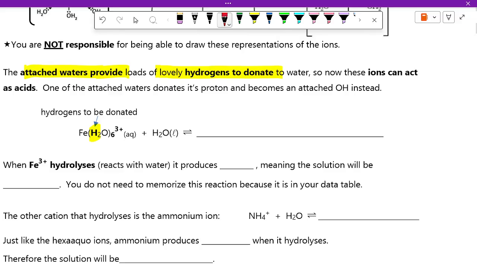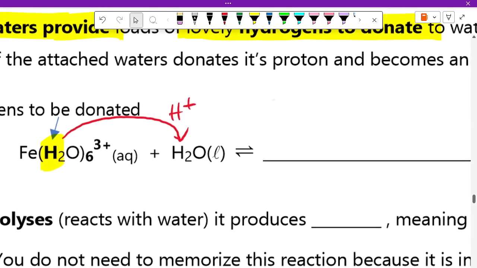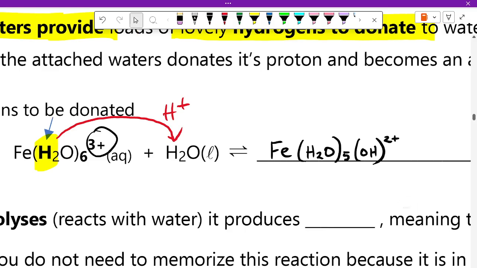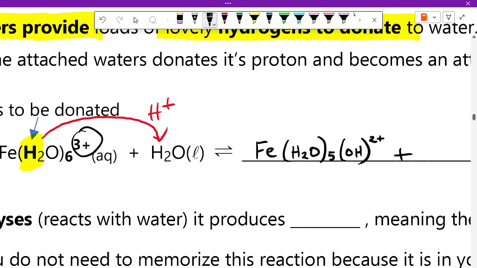So if we take one of the hydrogens from here and we give it to water, we are going to be left with Fe. How many waters are we left with? We're left with 5 waters. And what happened to the other water? It's OH. And what is the overall charge going to become? 2+. And we will also have H3O+.